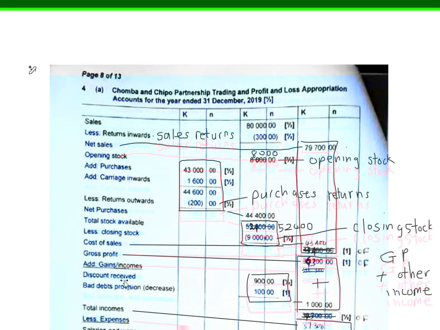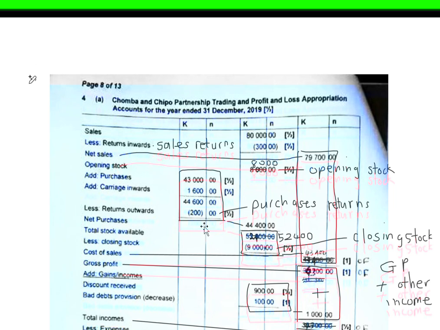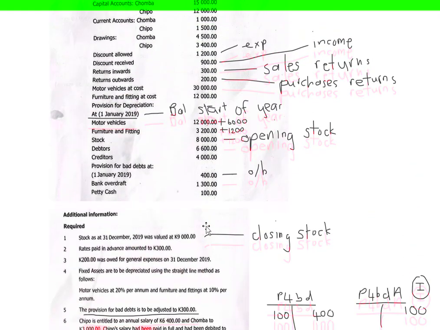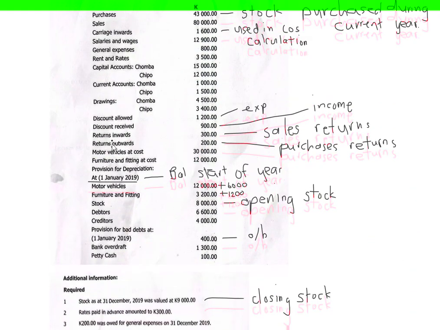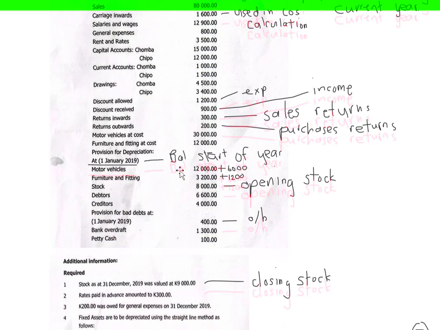In here we've got income and expenses. Then we are going to look at, is that the actual figure for sales? No. There were returns inwards of 300. So we're going to have a look here, and you look for this account here, returns inwards, which is sales returns.